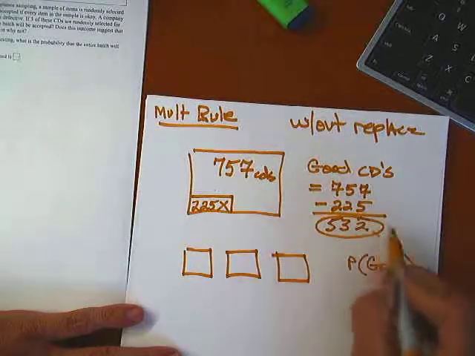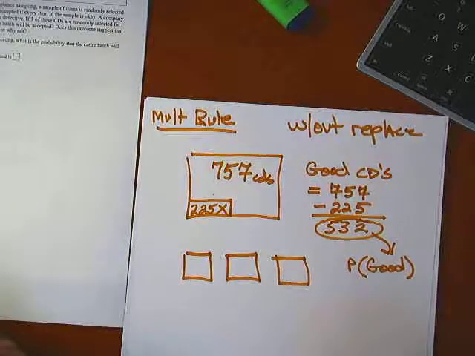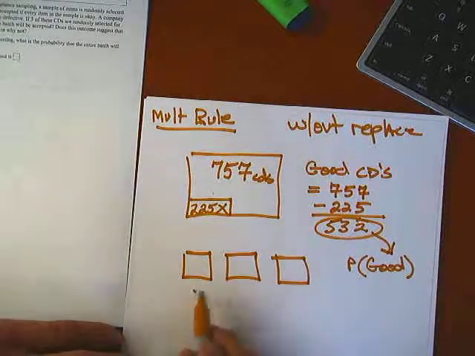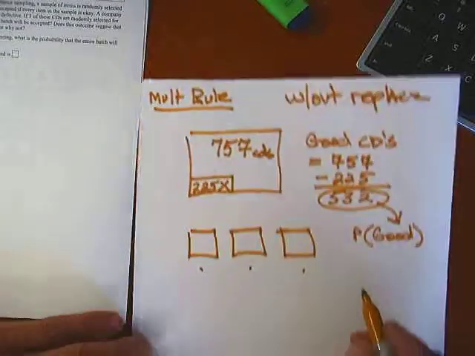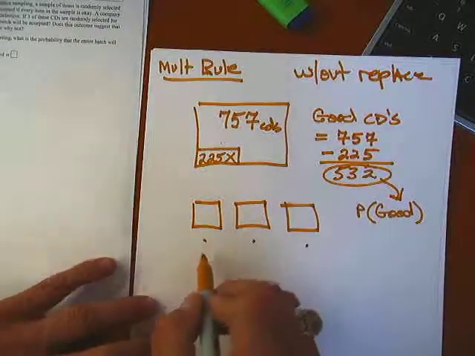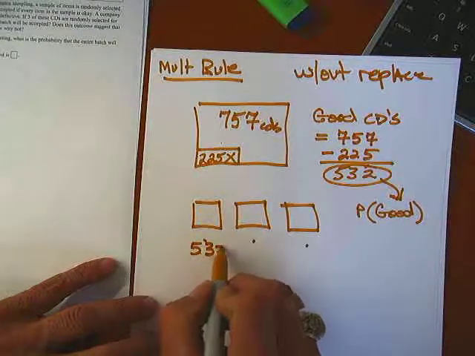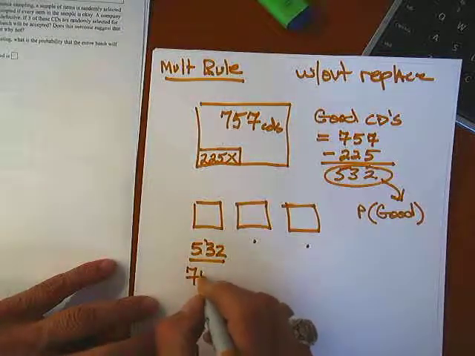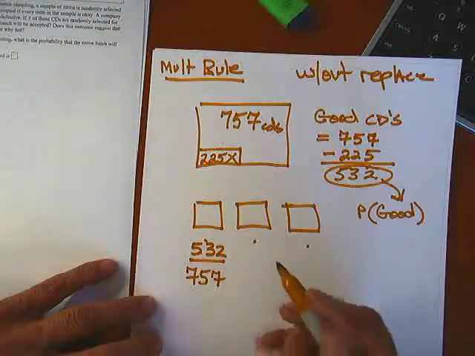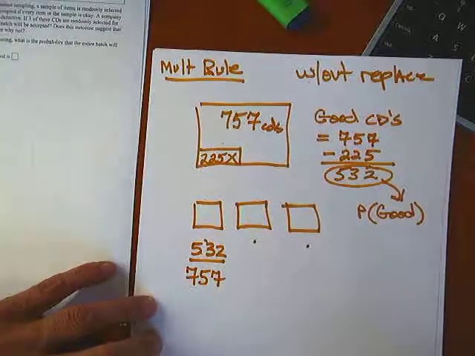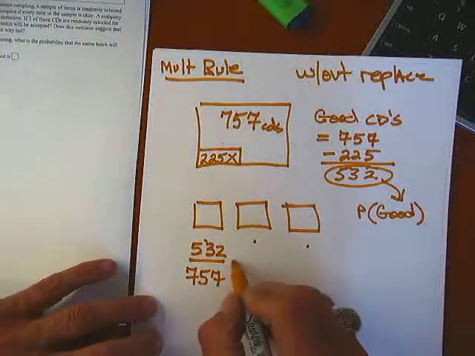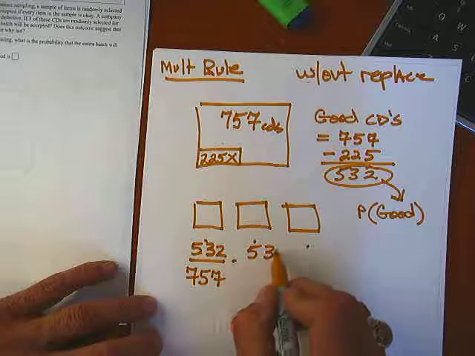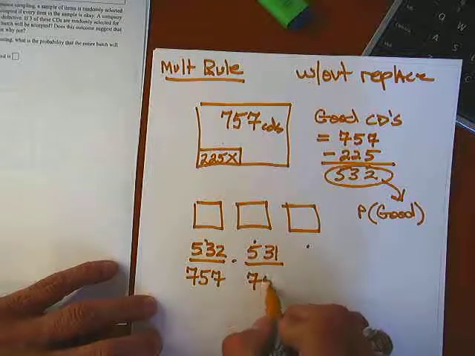Well, the first thing you got to find out is how many are good in the box, in the case. Well, that would be good CDs would be equal to 757 minus 225, and that would be 2, 3, and 5. So 532 are good.